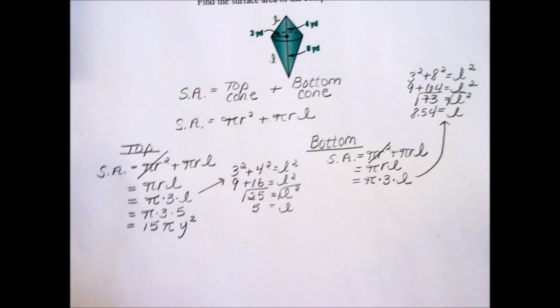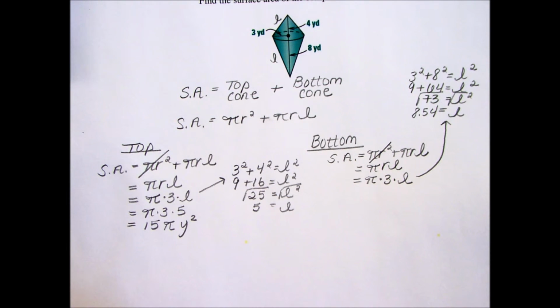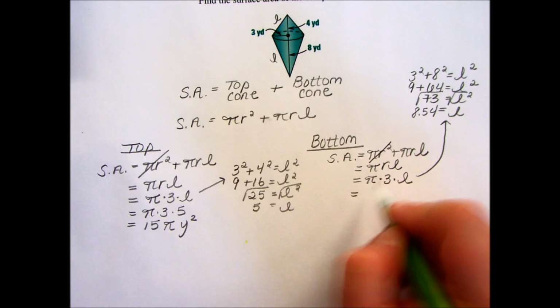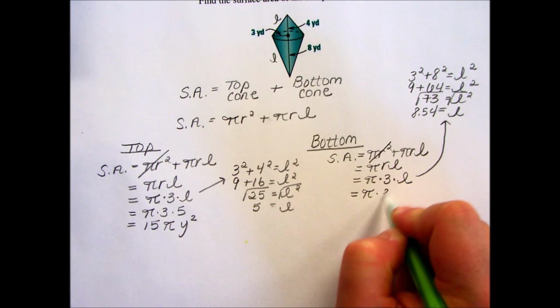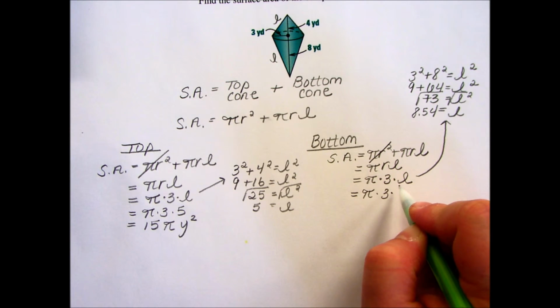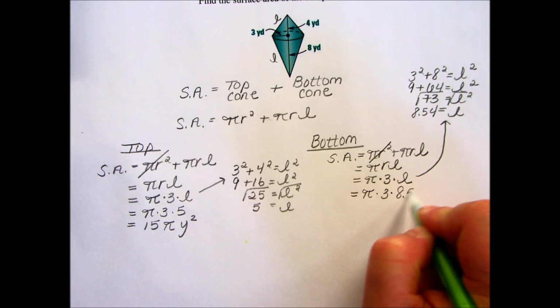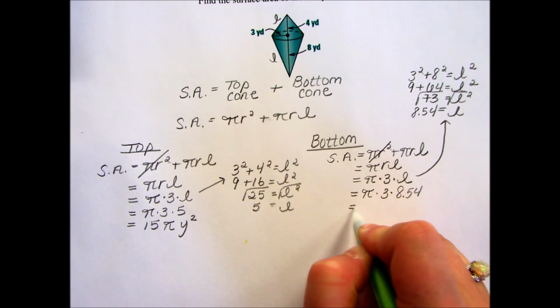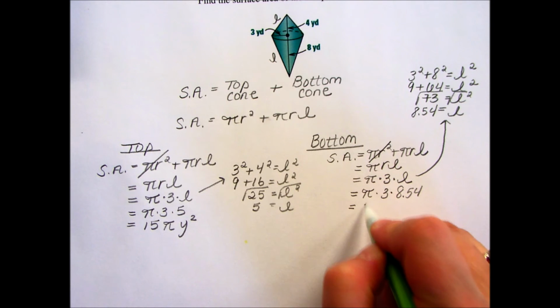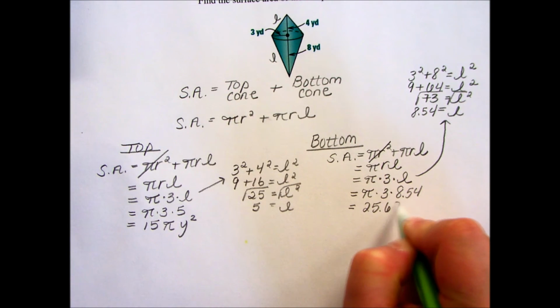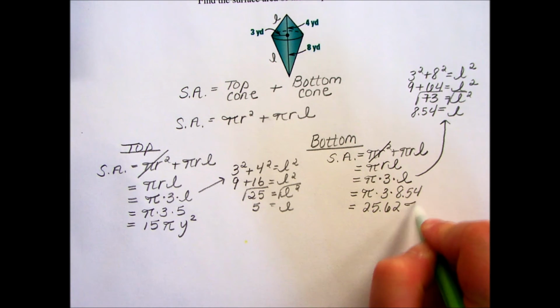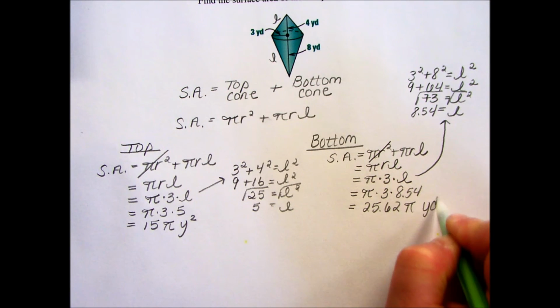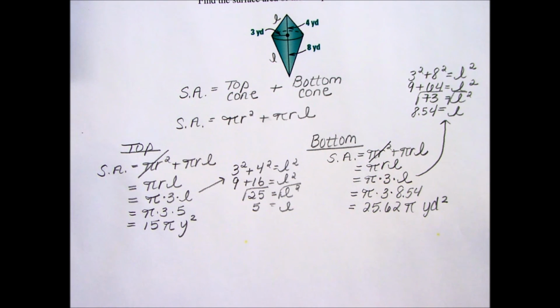We can now take that slant height and we can plug it in place of L into our formula. So we have pi times 3 times 8.54, and then we are going to multiply the 3 and the 8.54 to get 25.62 pi yards squared for the surface area of the bottom portion of the composite solid.